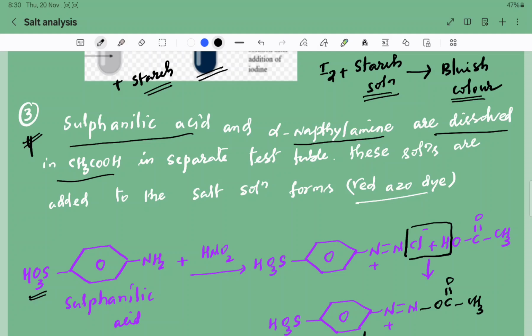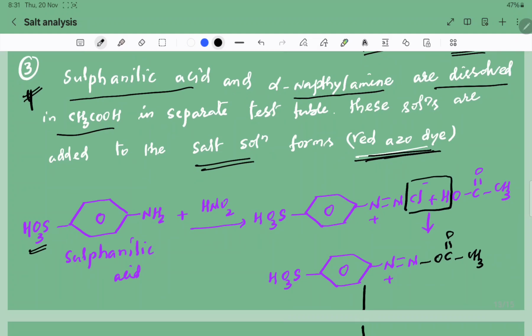These two separate solutions are added to the salt solution and form a red azo dye. This red azo dye confirms that NO2 minus is present.